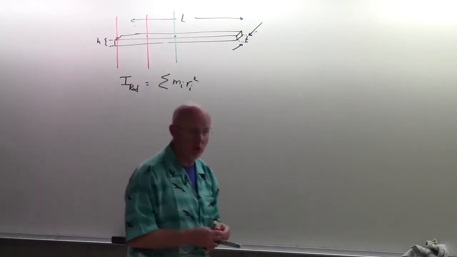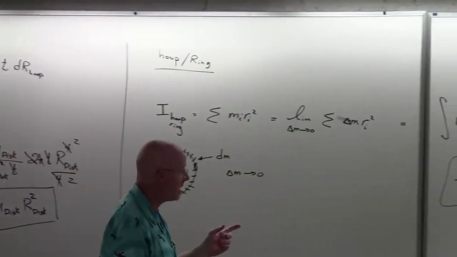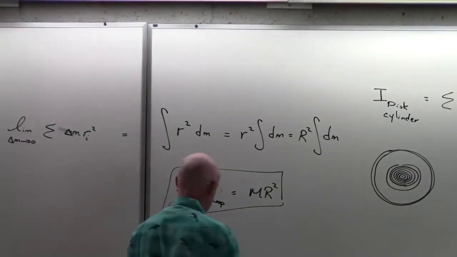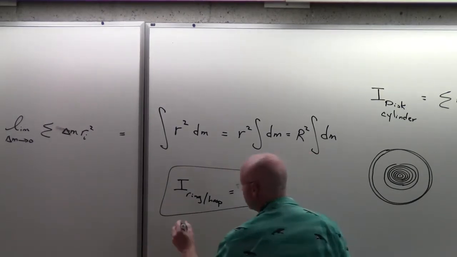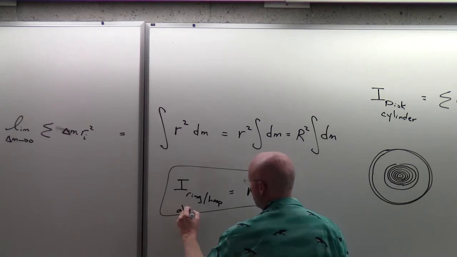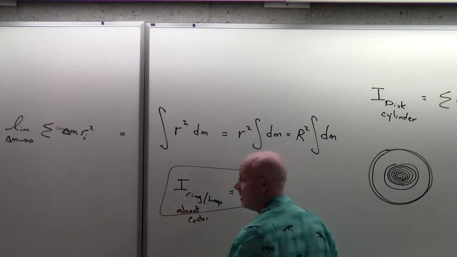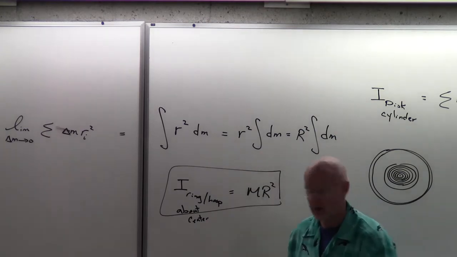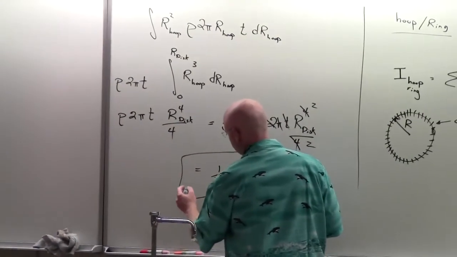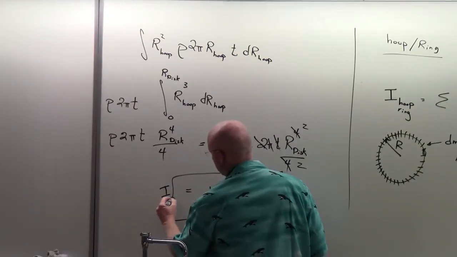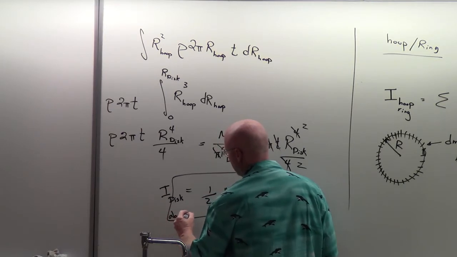So maybe I should have been more clear over here. What did we just say about this hoop? Yeah, this was about its center, wasn't it? And isn't that the same thing we got for the disk? This was the I of the disk, but it was about its center.